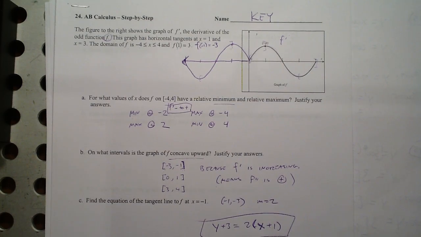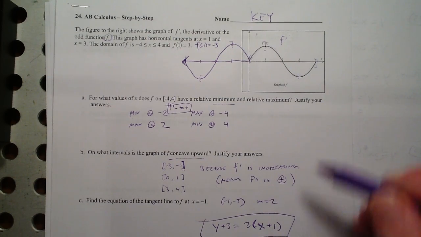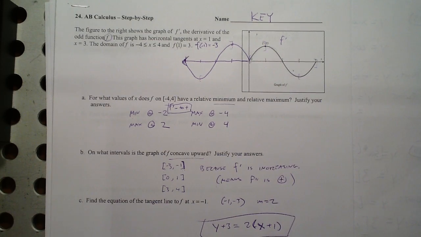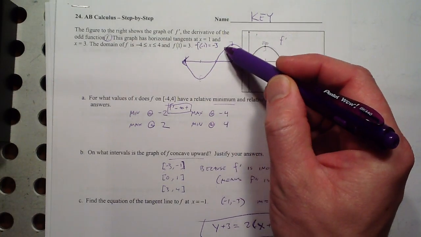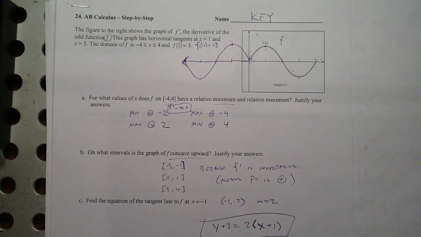Right? That looks like a negative cosine graph. The derivative of negative cosine would be positive sine. And then this one is a positive cosine graph, and that has a derivative of negative sine. Happy days. All right. Let's try the next one.